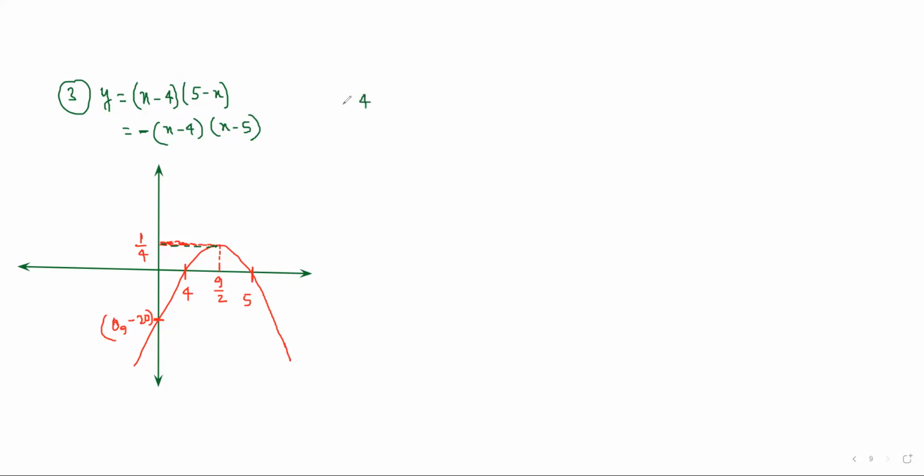Yes, sir. Yeah. Fourth number: y is equal to x square plus x minus 1. Draw it fast, better. 1 minute.